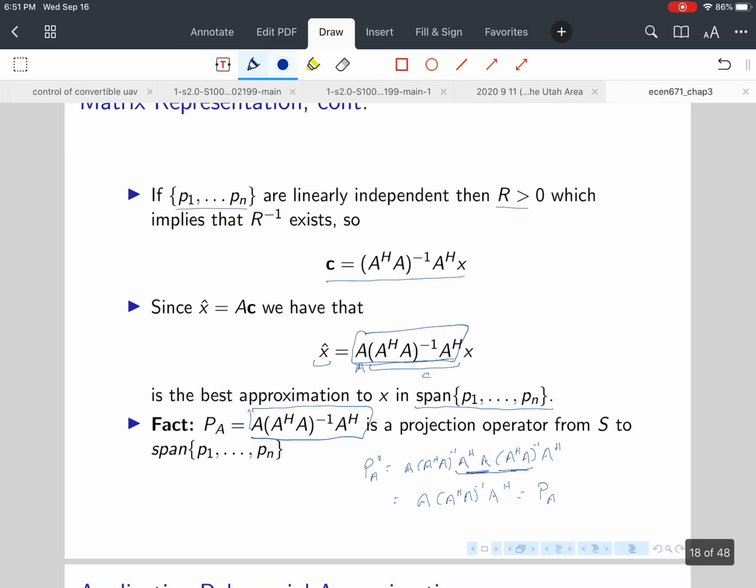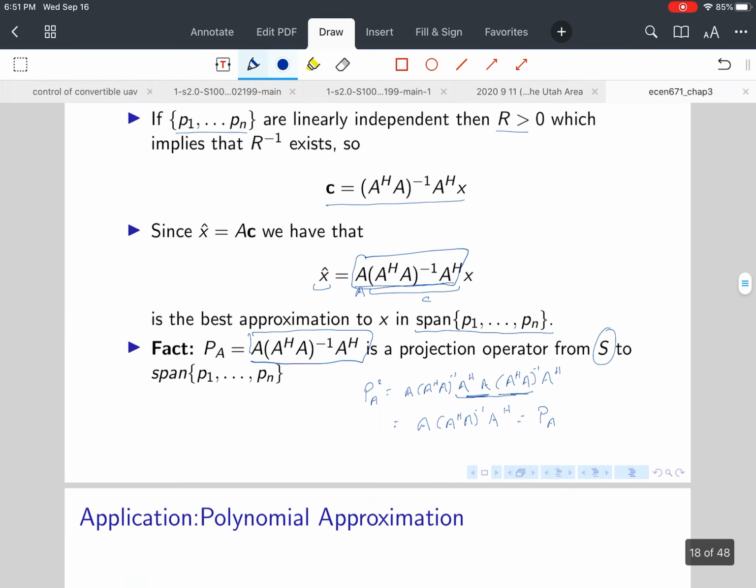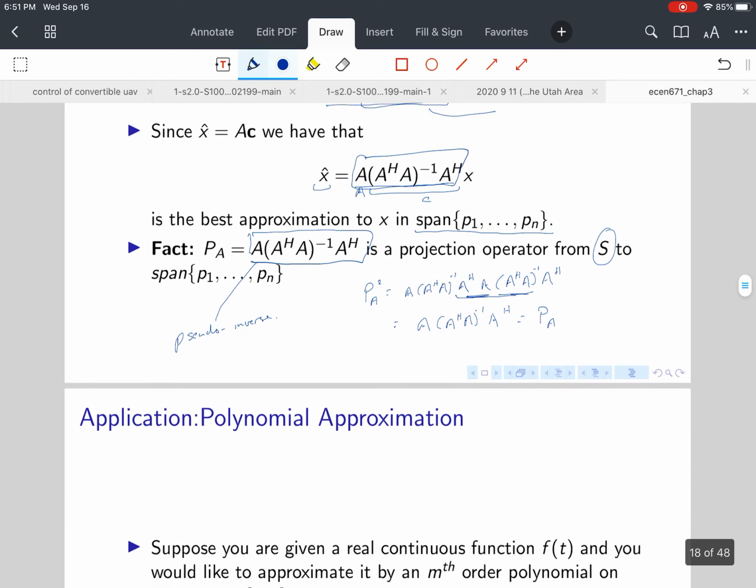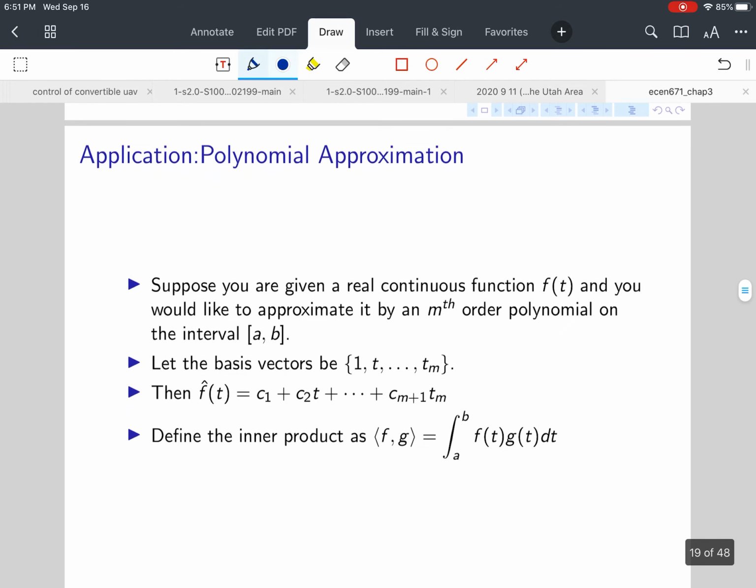So this is in fact a projection matrix. And this thing, (A^H A) inverse A^H, is called a pseudo-inverse, by the way. We'll talk later on about pseudo-inverses.